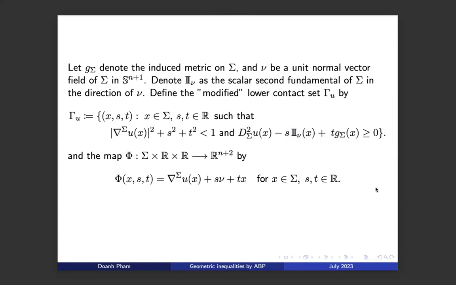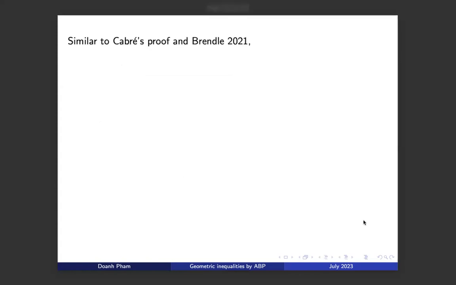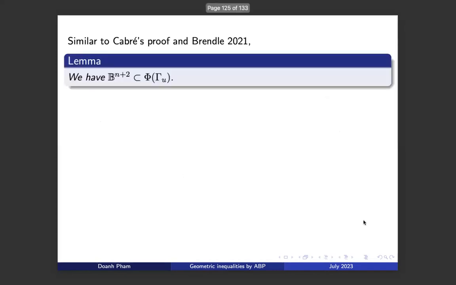Then we define the map phi, which is defined like phi of x, s, t is gradient of u plus s nu plus t x. Then similar to Cabré's proof and also inspired by Brendle, we have that the unit ball of dimension n plus 2 is a subset of phi of gamma u.